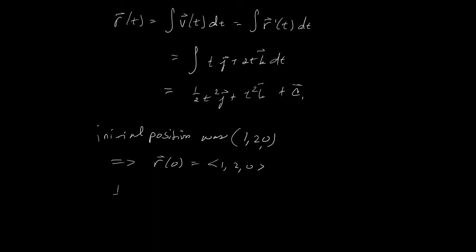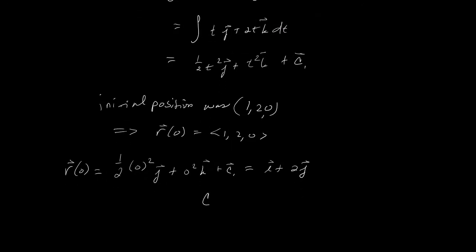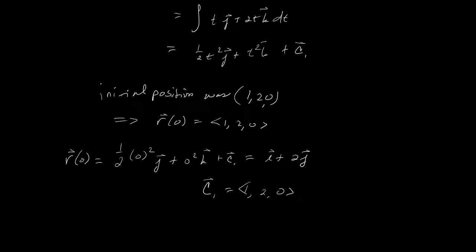Okay, so we know that r of 0 is 1/2 times 0 squared in the j direction plus 0 squared in the k direction plus our constant vector c1, which is equal to 1 in the i direction plus 2 in the j direction plus 0 in the k direction. So that means that c is equal to 1, 2, 0, and then we can add that in.